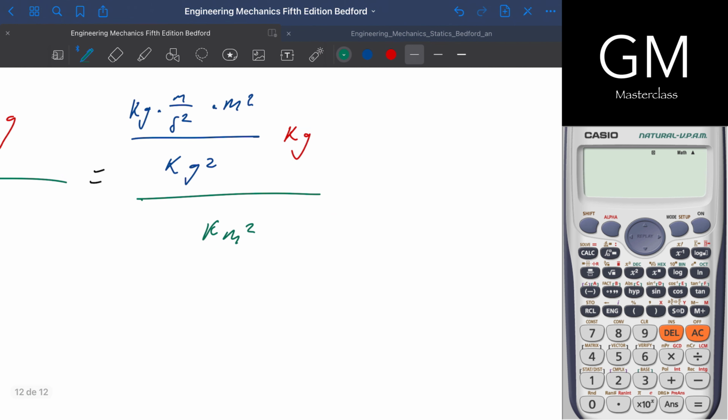So that is the same thing as having meters to the third power divided by square seconds, and this is divided by kilometers.